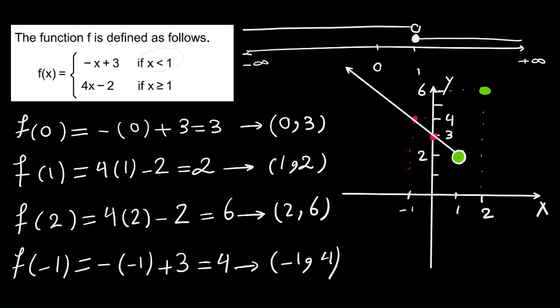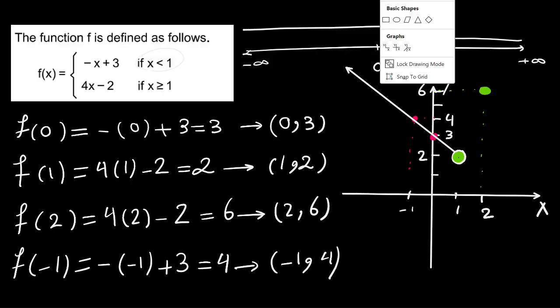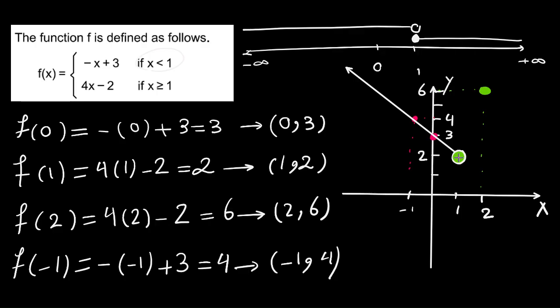And now there is another part, this one. As you see, the function has 2 sides. This one goes to positive infinity, and this side also goes to positive infinity.